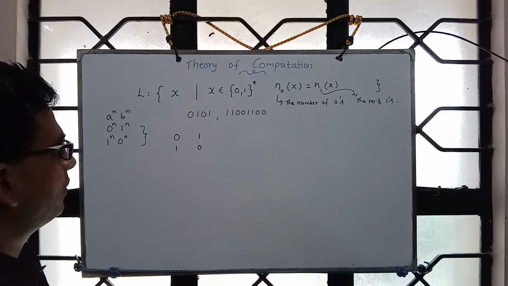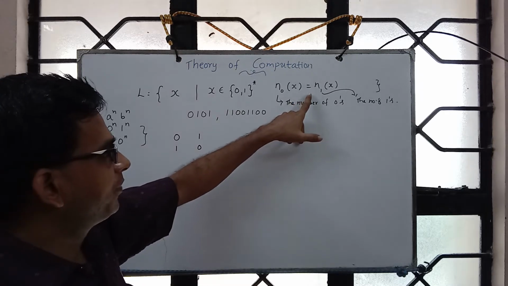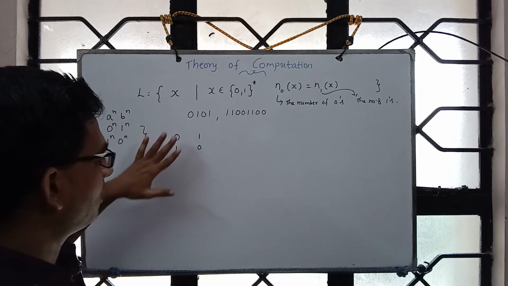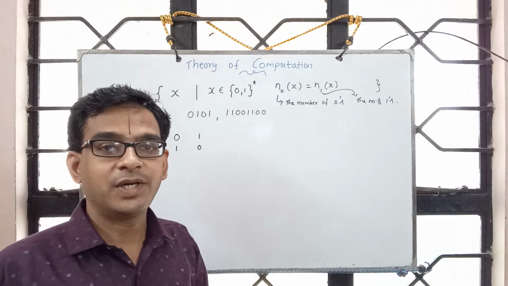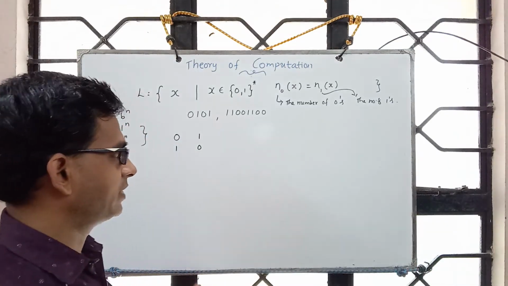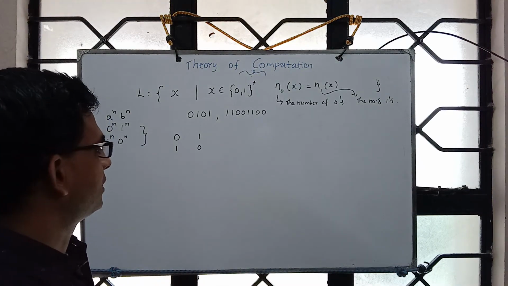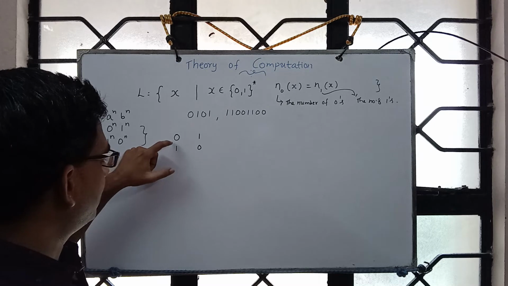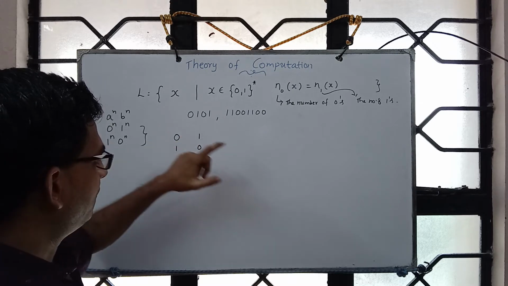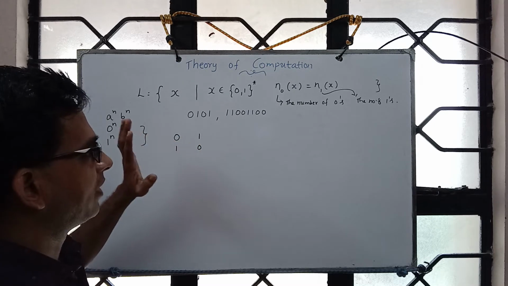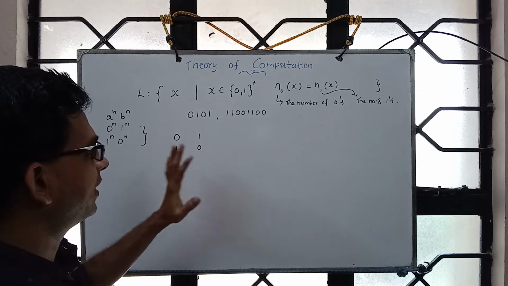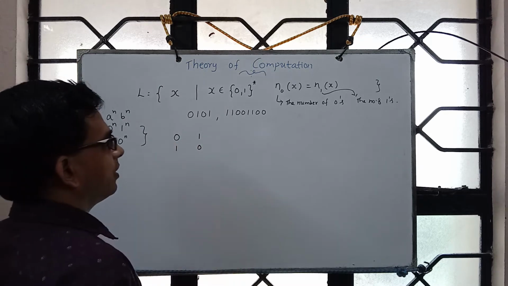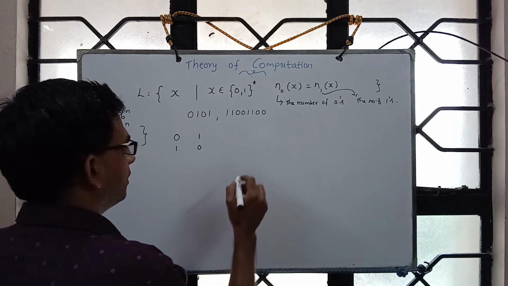Otherwise we will lose control over this equality. If you just generate 0 alone or 1 alone, we will lose control over the number of zeros or ones generated. Because we want equality, every time a 0 is generated, somewhere you should generate a 1. It need not be immediate, but somewhere it should be there.